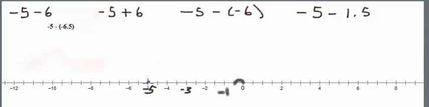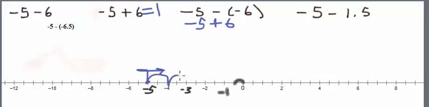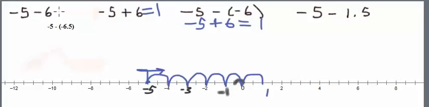And I want to subtract, so I start going this way, but I want to subtract a negative number, so that actually puts me this way. So negative 5 minus negative 6 is going to be the exact same thing as plus 6 when we got 1. We're going to go 1, 2, 3, 4, 5, 6, which we end up at the exact same spot that we did when we went negative 5 plus 6. So minus a negative is the same as adding.